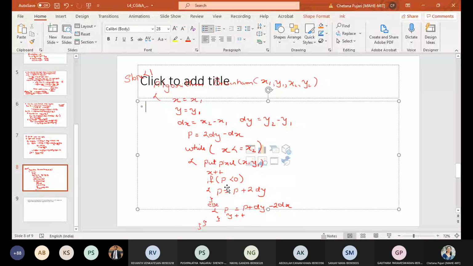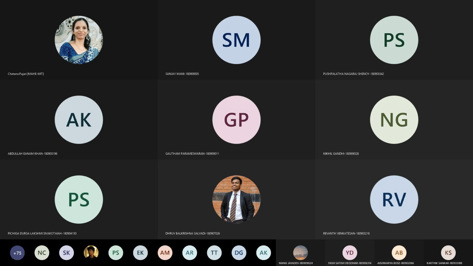Before going to the problem, maybe I can show you. In the previous class we discussed the DDA line drawing algorithm. I'll show you one simple execution.